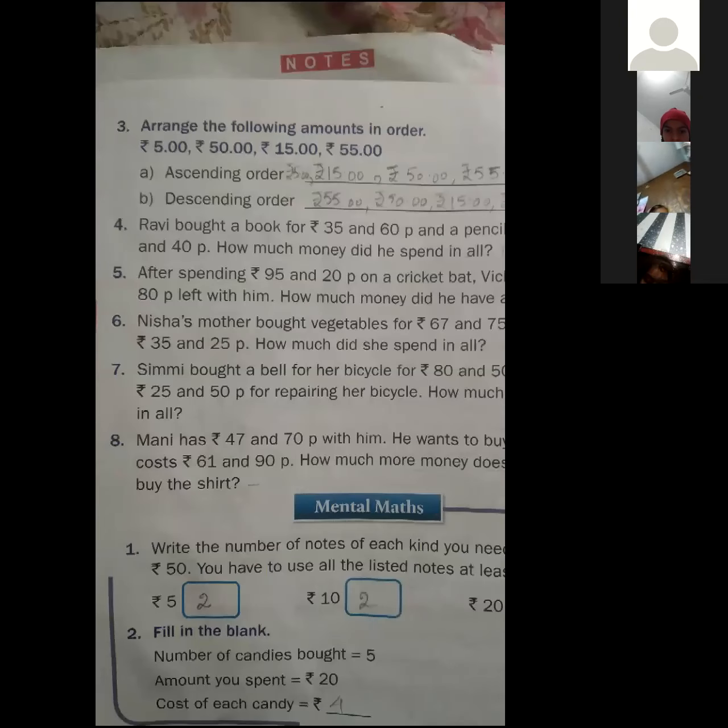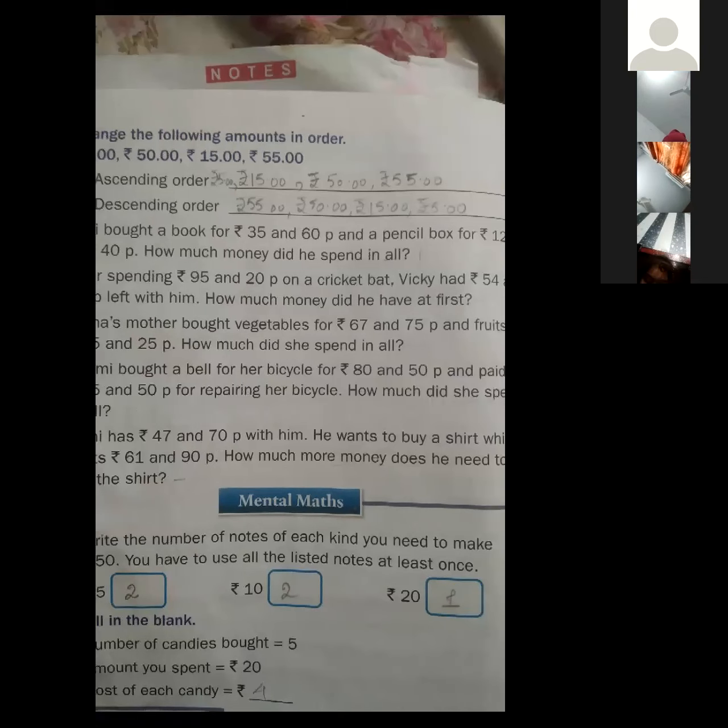The next question, who will read this? Just a minute. Yes, Chaplin, you read the fifth question. Now every student will read this and analyze it. Then I'll ask. Fifth one, dear. If you want to read from the book, you can read page 112.